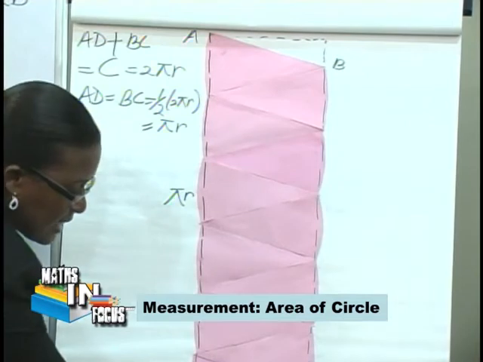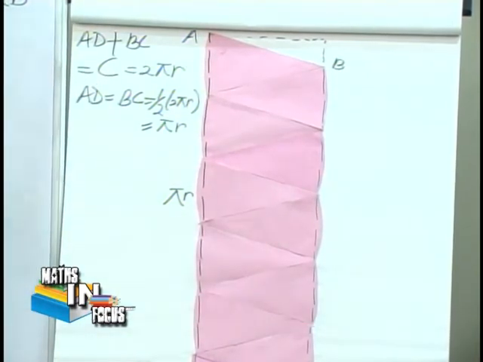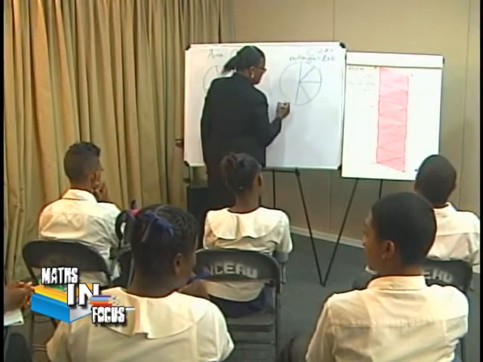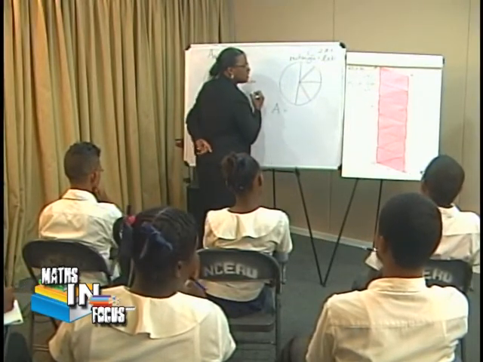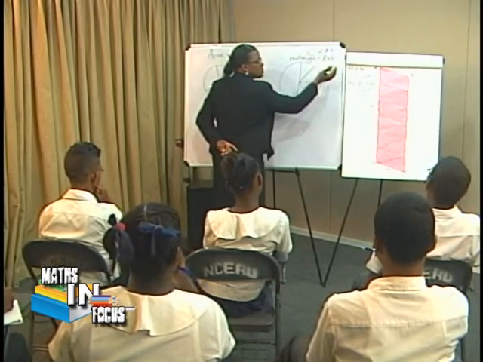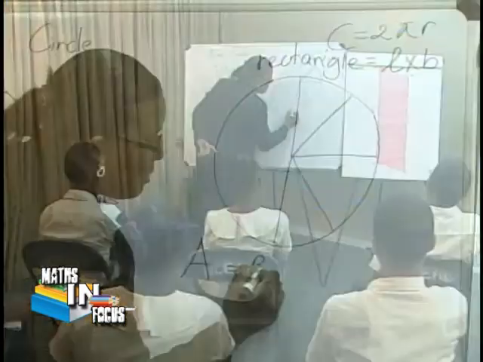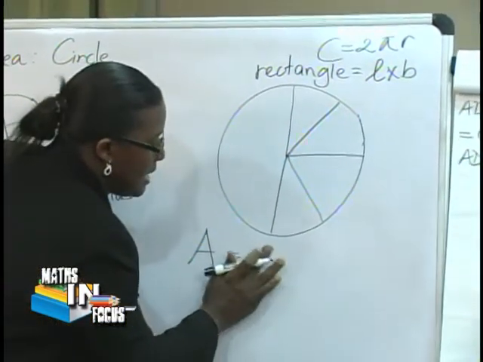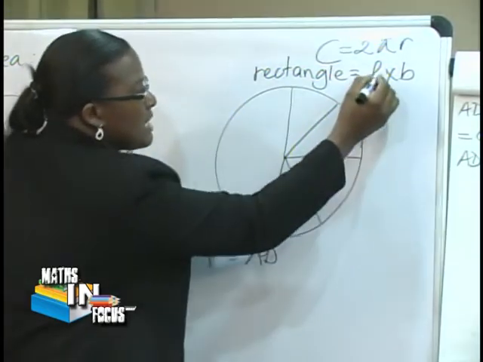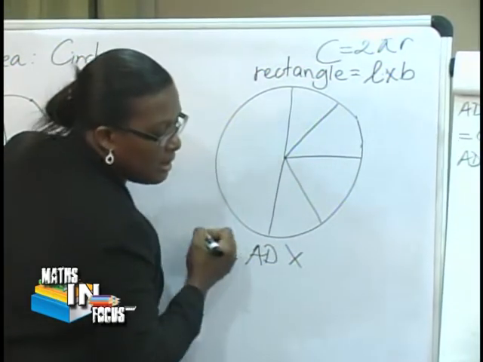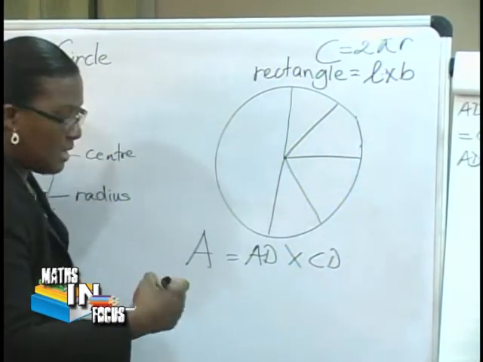And we said that this side is called r. Now let us substitute here. Area of circle A is equal to, we're using this because it takes a similar shape, AD, which is the length, by CD, which is the width.